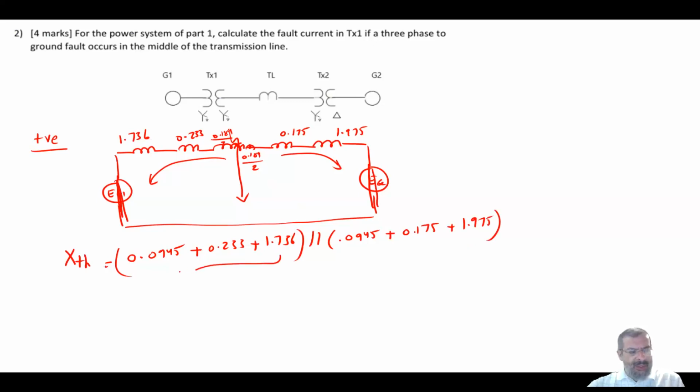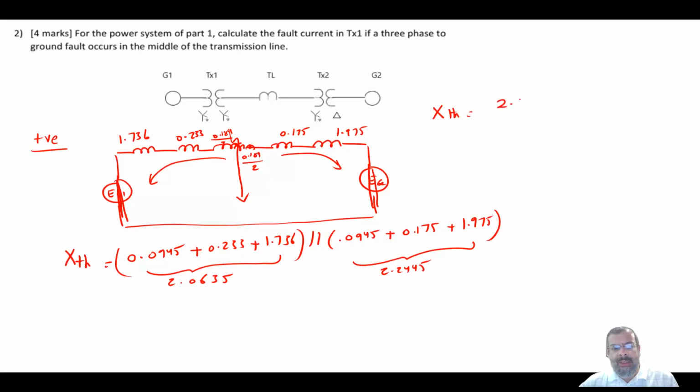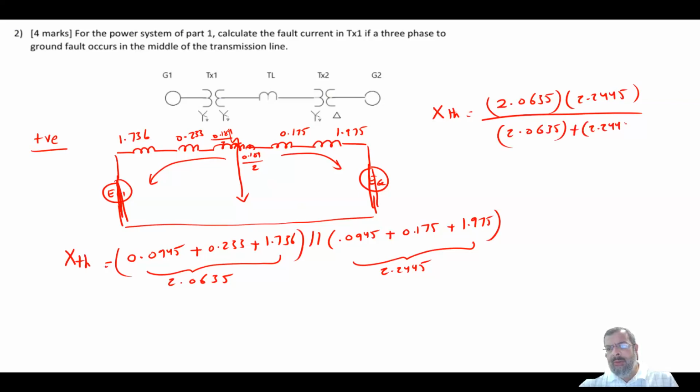When you add these, this would be equal to 2.0635, and this would be 2.2445. So your X Thevenin is equal to 2.0635 times 2.2445, because they are in parallel, divided by their summation, 2.0635 plus 2.2445.